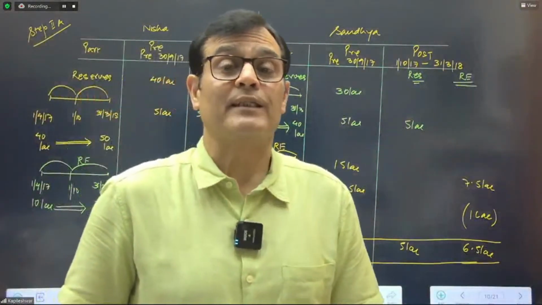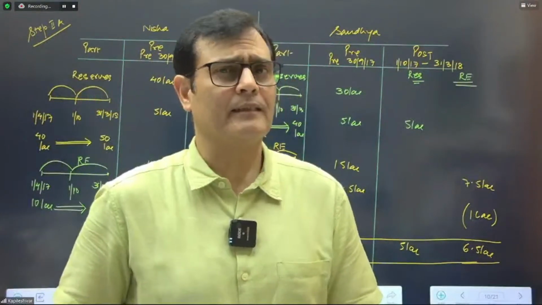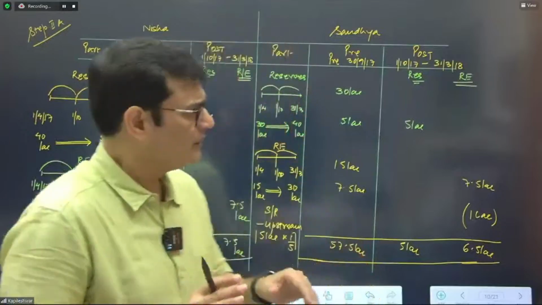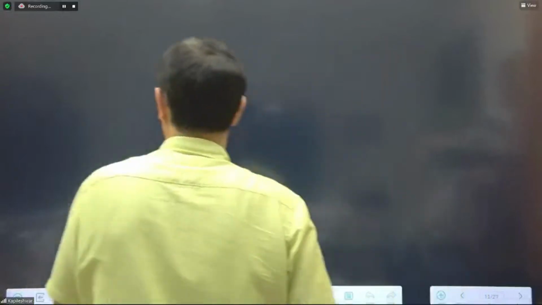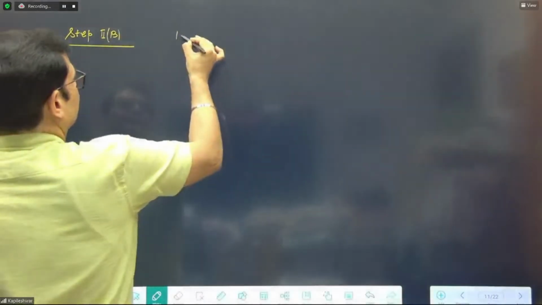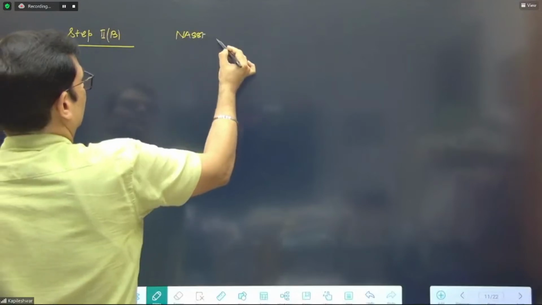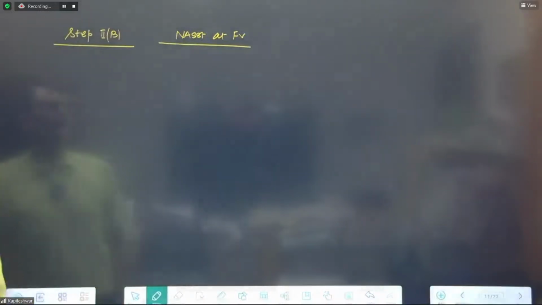You now need to calculate the net assets on the acquisition date in step number 2B. The critical portion is yet to come. This is easy. Okay, so let's do step number 2B. In this case, I need to get the net assets, of course, at fair value on the date of acquisition, though there are no fair value adjustments.